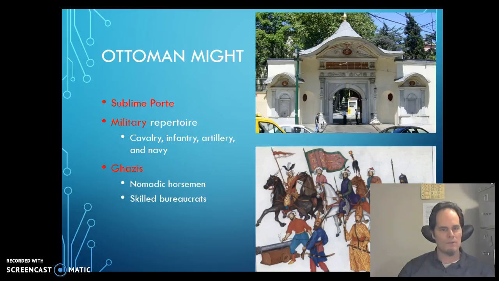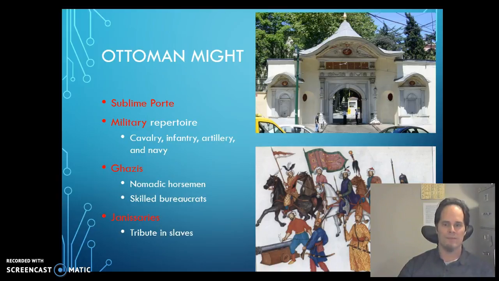But over time, these Ghazis are going to become skilled bureaucrats because they are not only conquering new lands, but they are settling them, establishing them. In some ways, it's kind of like the Darugachi: okay, you want it, you wish to hold it, you can be responsible for properly running this newly acquired territory within the Ottoman Empire.